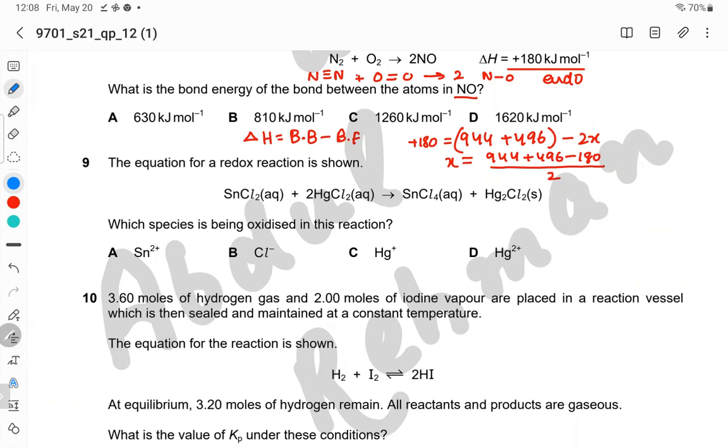Okay, Hamna. Did you divide it by 2 as well? No, I think you don't divide it by 2, because 900 and 400, and then minus 180.